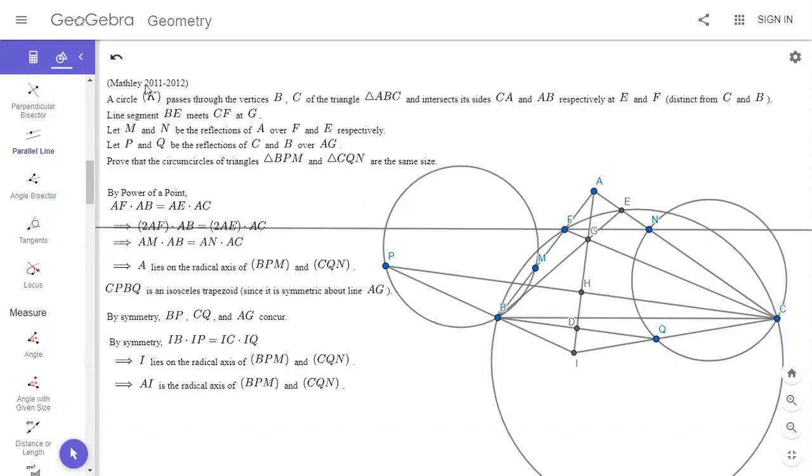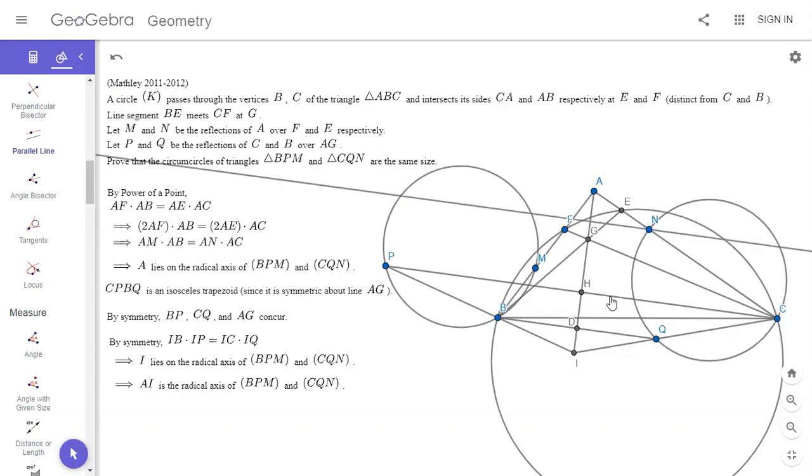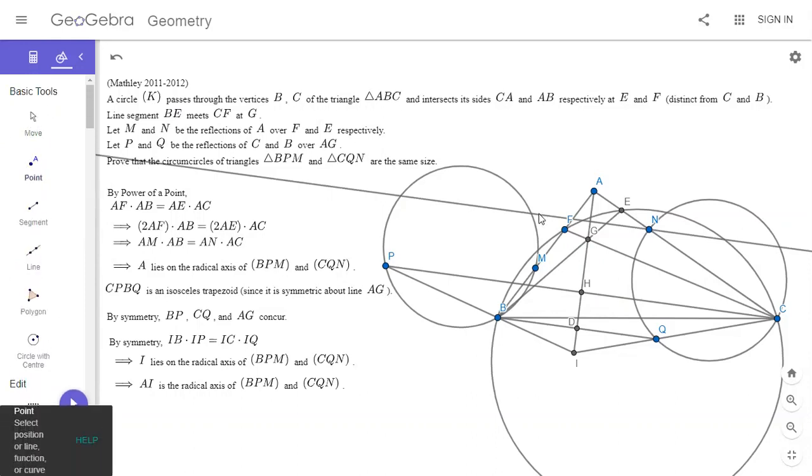Okay. And N' is the point on the circle closer to A. Now we know that AJ times AP is equal to AN times AC, which is equal to AM times AB. So AJP have to be collinear.